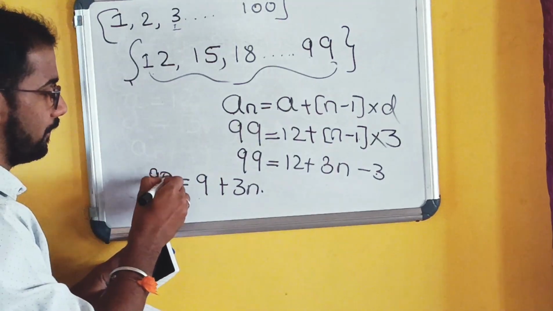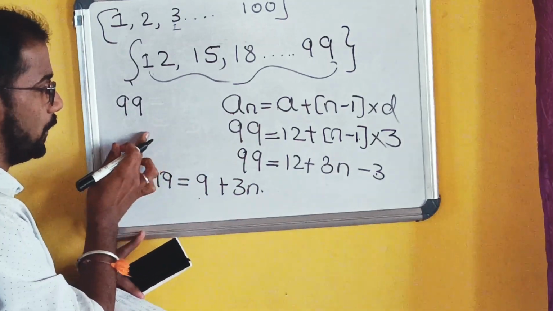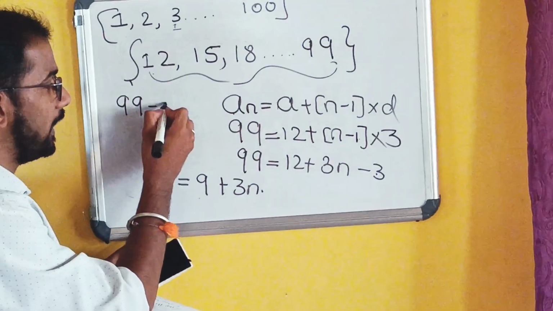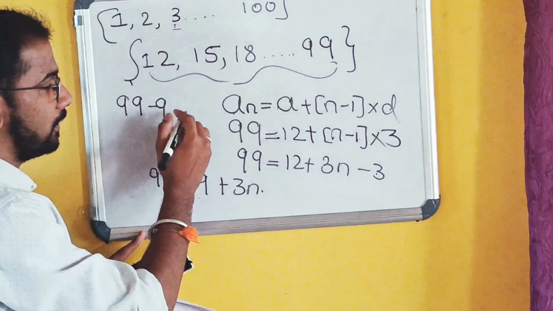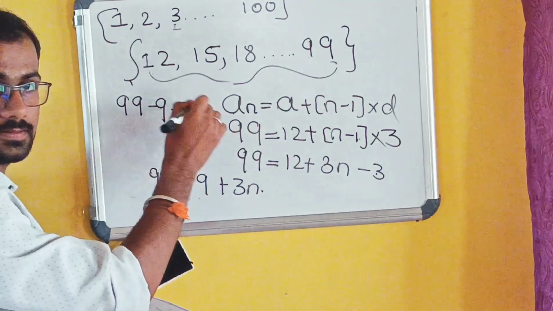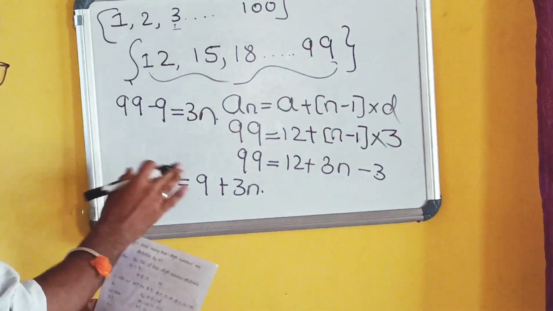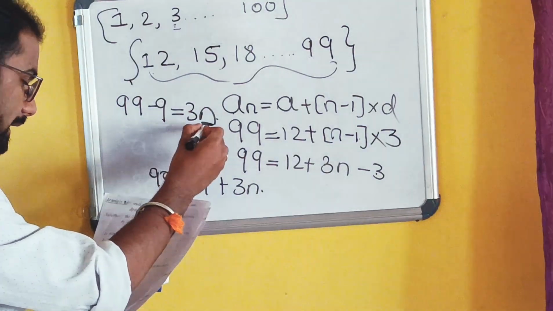Shift this 9 to this side: 99 minus 9 equals 3n. So this is the equation, and from this equation we need to calculate the value of n.